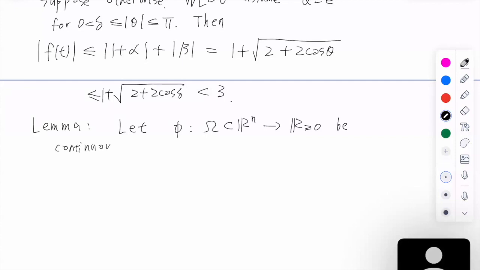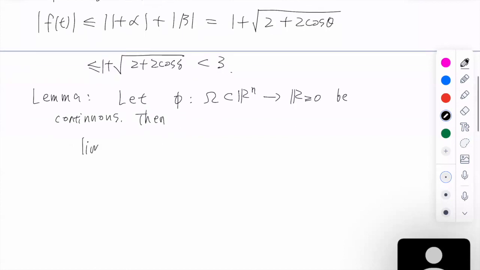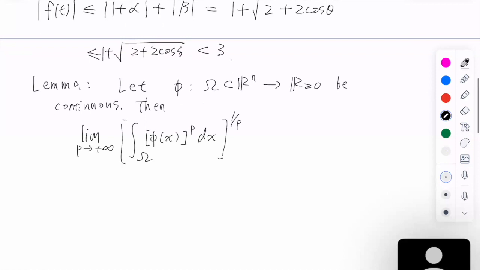If we have this assumption, then we can take the following limit. If we take the following limit, we should obtain the maximum value. So this gives you the maximum of the function inside the set omega.